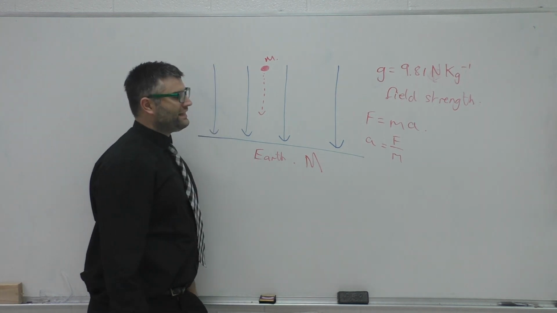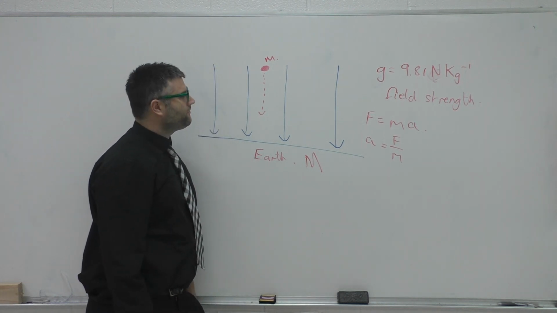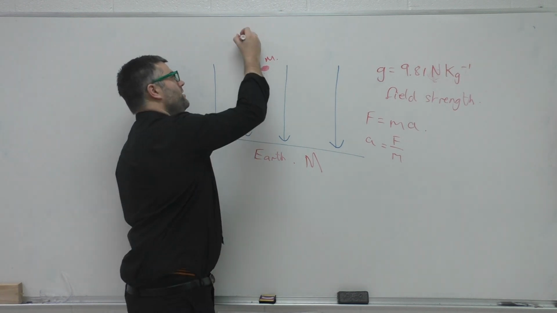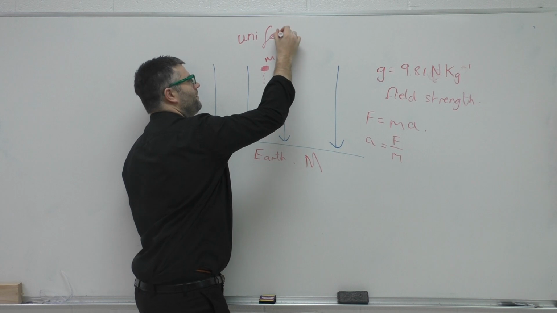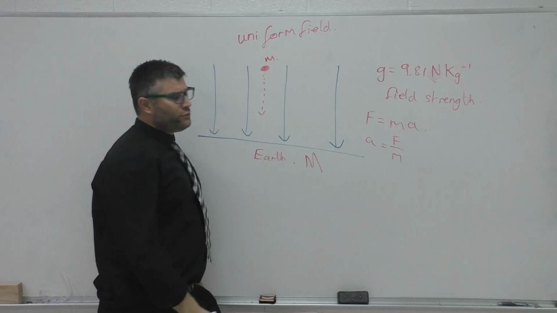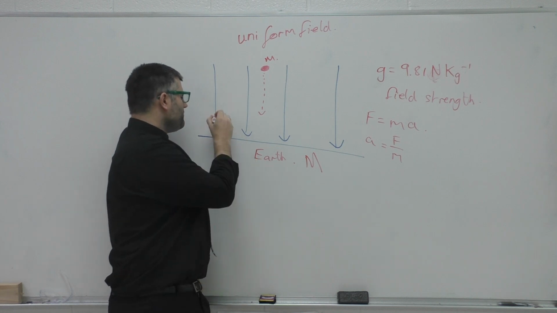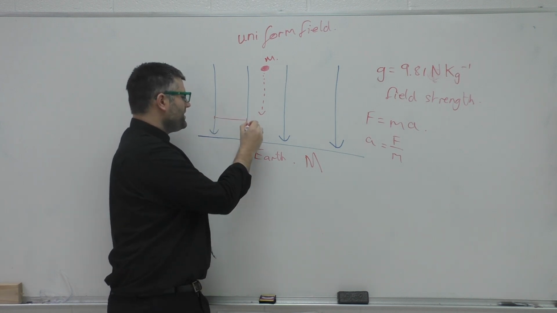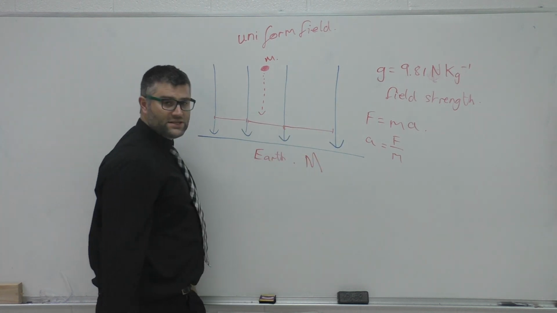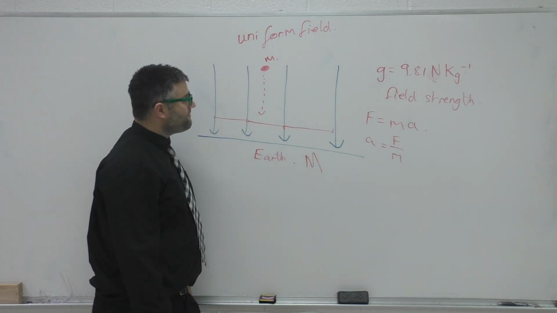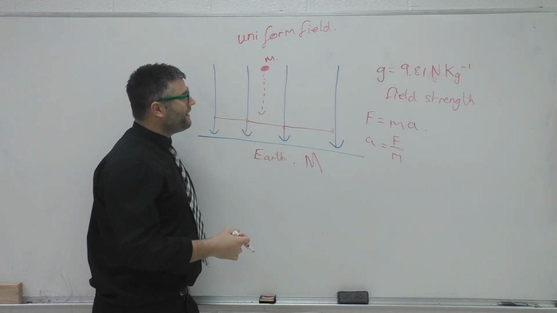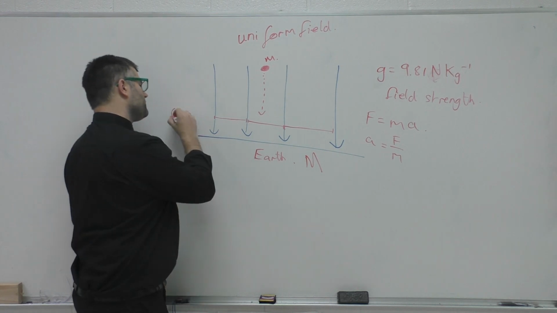And as a result, that leads to an acceleration. This is what we like to call a uniform field. It's a uniform field because you'll notice that I've drawn this on purpose. The spacings between these lines is effectively the same. And this is a really nice way diagrammatically of showing that there is a constant field strength.